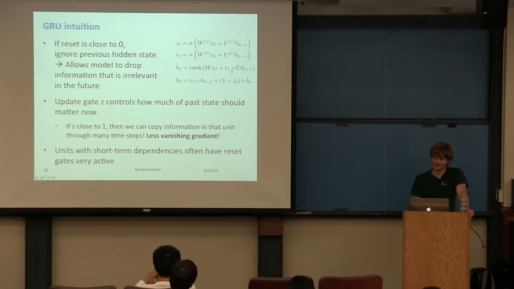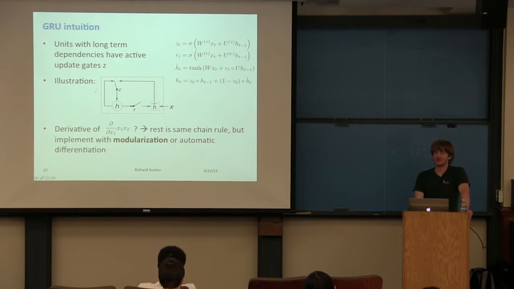If, let's say, half of your reset gates are very active, then that first half of your hidden state will continuously update based on what's going on every time, whereas the other ones are almost always 0, so you don't take that into consideration as much.